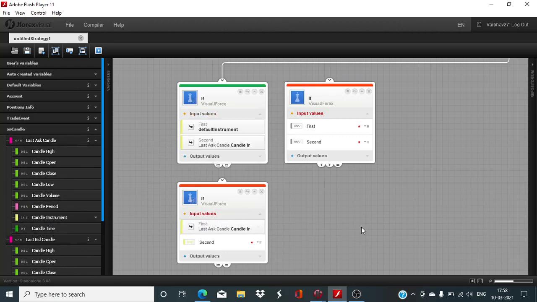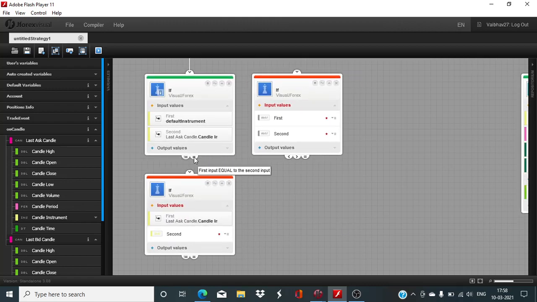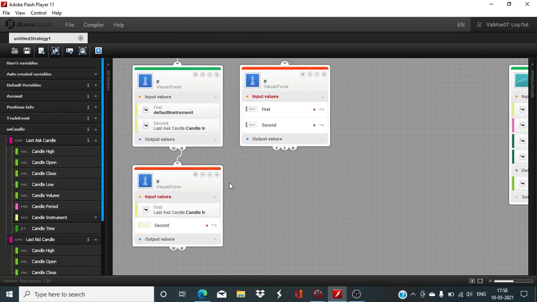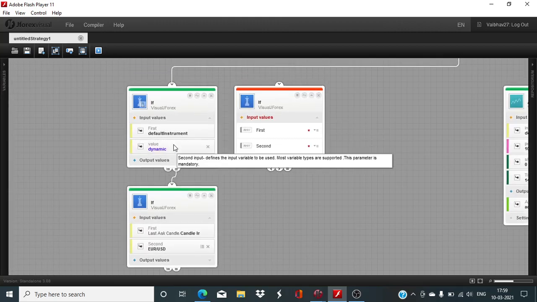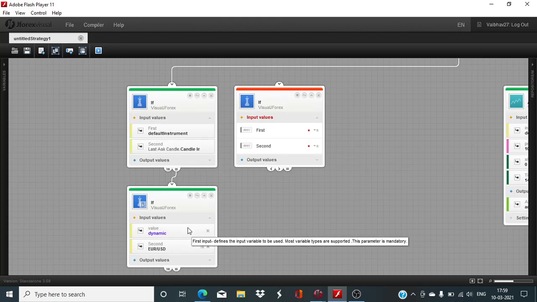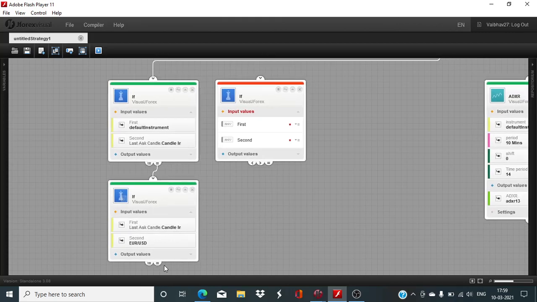Okay, and then here it should be Euro USD. So I will have to now search for Euro USD. Okay, got it. We need default instrument to match the last ask candle, candle instrument, and then the candle instrument should match the instrument of our choice, which is Euro USD.